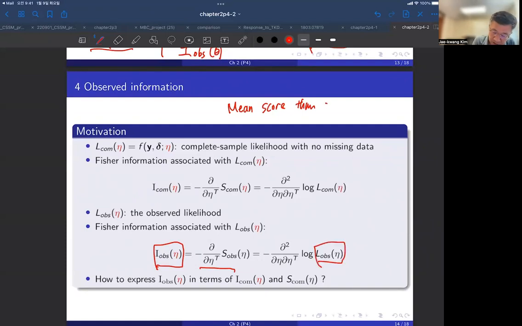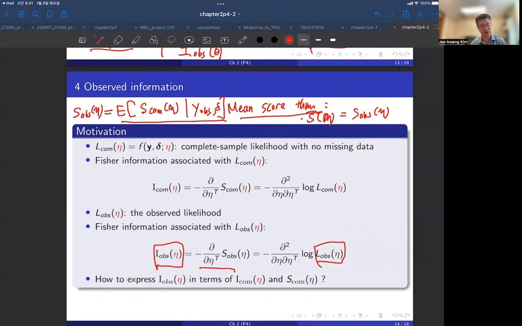So the mean score theorem is interested in computing the observed score function by computing the conditional expectation of the complete sample score function. That is the whole idea of the mean score theorem. We use this one and show that this is the observed score function.